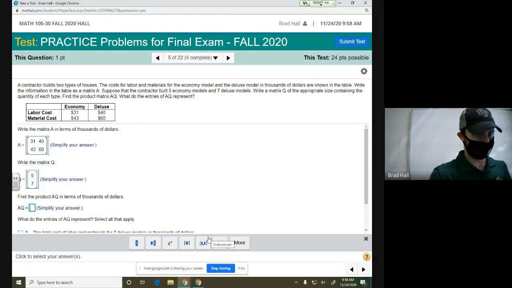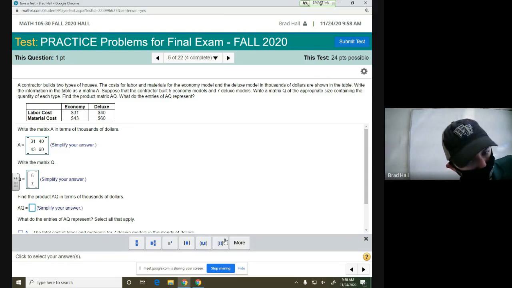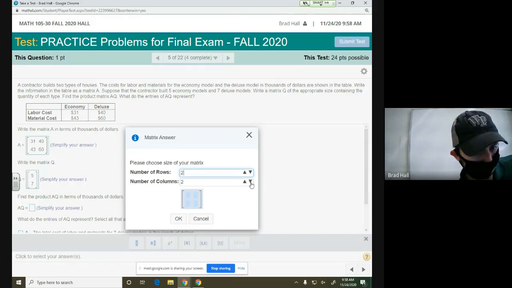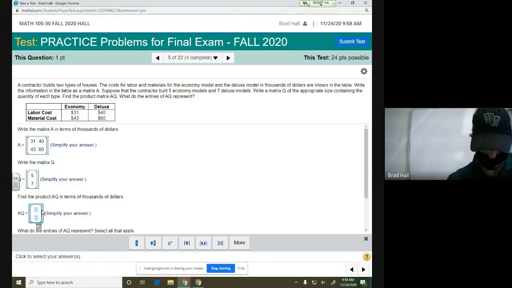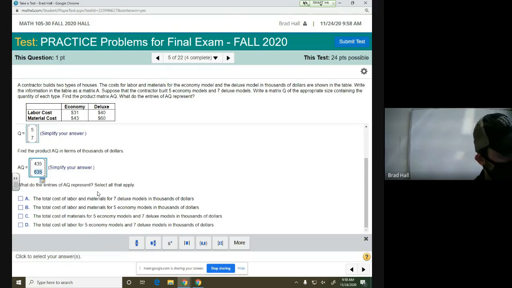Next one is a 1 by 2, or 2 by 1, sorry. 2 by 1, it's 5 and 7. A times Q is, so I get 2 rows and 1 column, 435 and 635. That's what I get for the product.